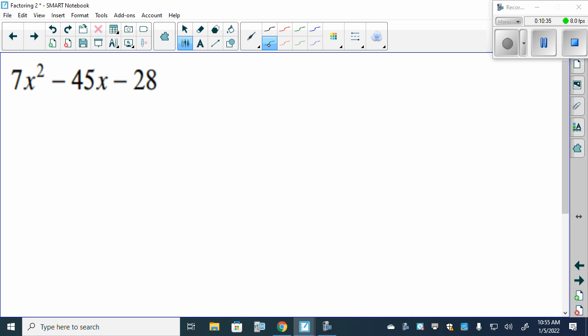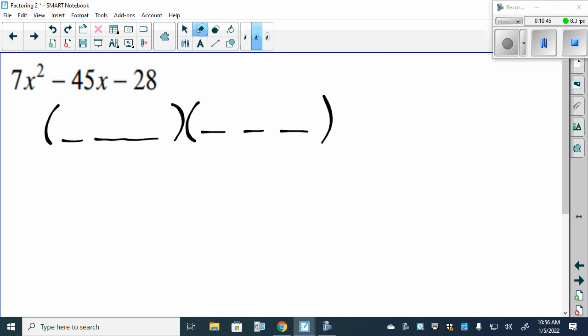Well, no. 7 times 7 is 49. That's too close to 45. It won't have a common factor. Unfortunately, there's not a greatest common factor between these three terms. It'd be nice because it does make the number smaller and a little bit easier to work with.